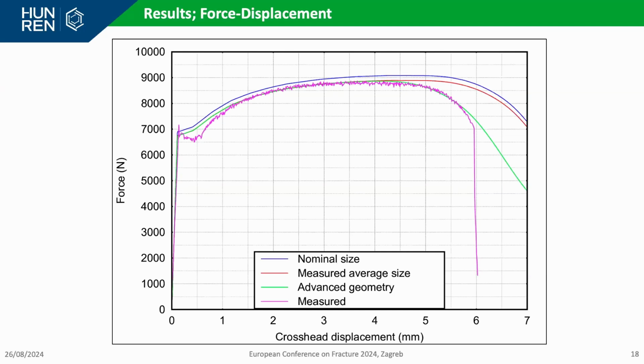So if you want to simulate a test, you probably shouldn't use the nominal sizes. Every specimen should be checked before you break them, and use those measured data in your simulations. And if you have a detailed and advanced geometric model, it will lead to better results.